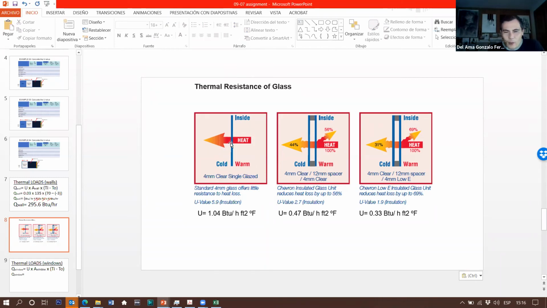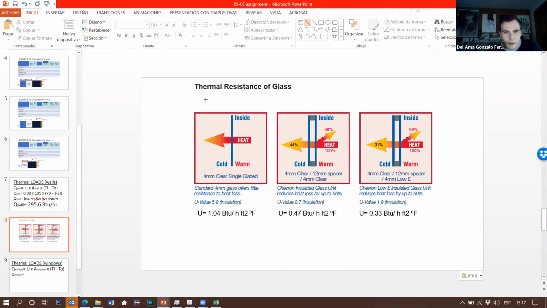We will talk about windows a lot this year. But the first thing is that we can have at least 3 different kinds of windows. We have a single window, a glass pane without air chambers. We can have double glazing, with 2 panes of glass with air in the middle. And we can also have triple glazing, which has 3 layers of glass.